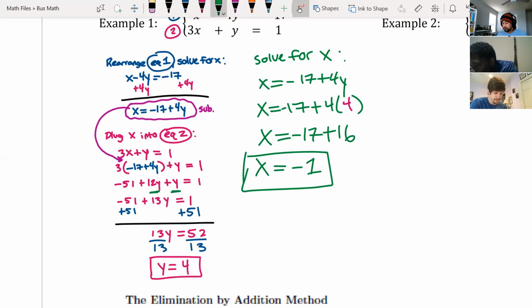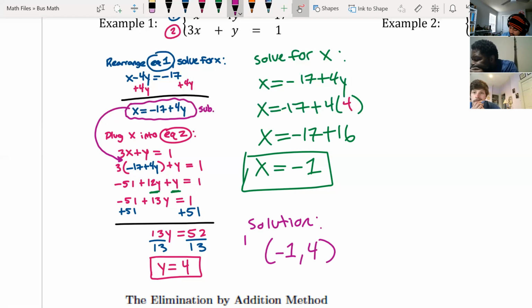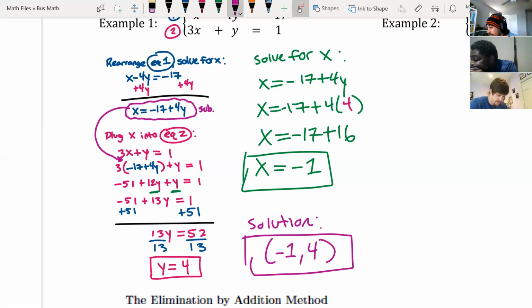All right. So now we found our x value, we have our y value, and the way to write our final answer is we're going to say our solution to the system of equations is the coordinate point negative 1, comma 4. That's our solution.